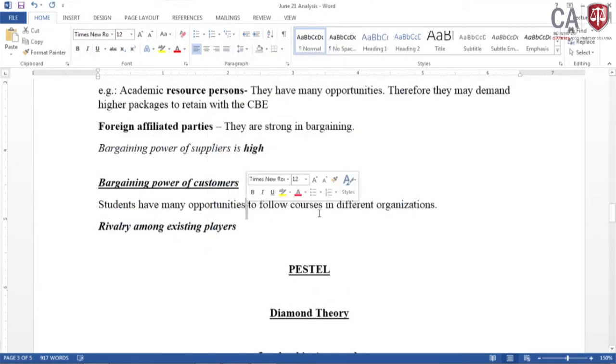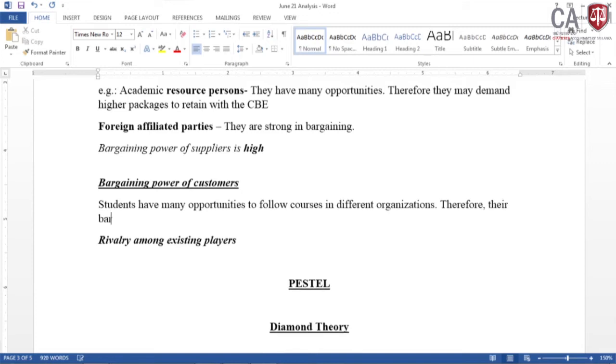Students have many opportunities to follow courses in different organizations. Therefore, their bargaining power is high. Even they can go to foreign countries, no, their bargaining power is high.